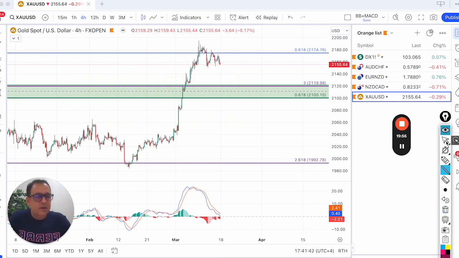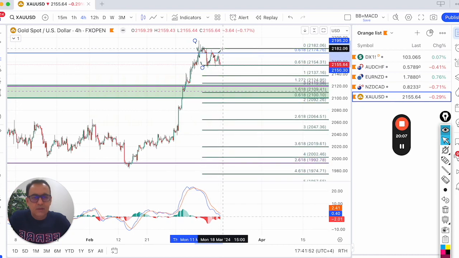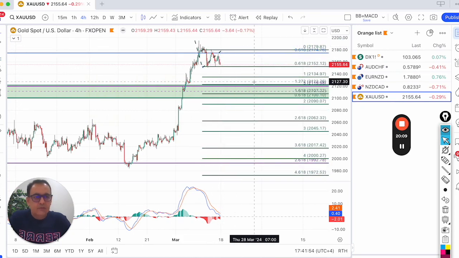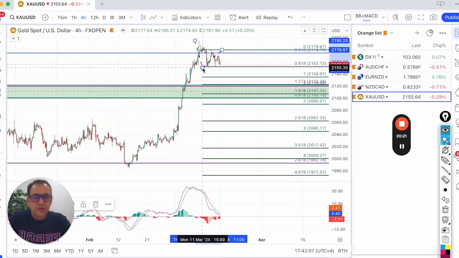So I can apply Fibonacci extension in the downward direction on this corrective pattern, connecting first high, first low, and then the lower high. So the extension 61.8 is at 2152, followed by 2134 or 2135.